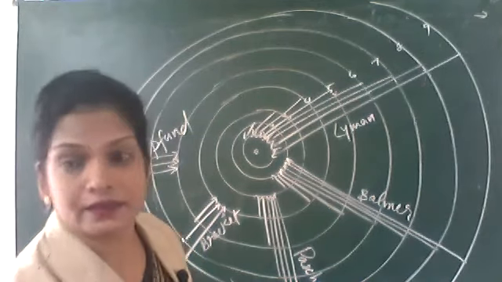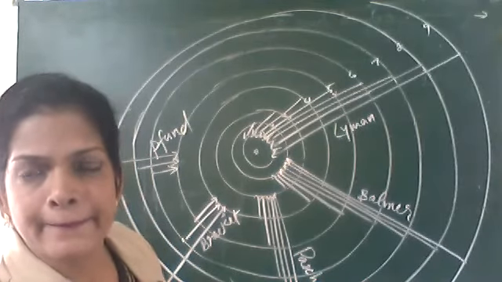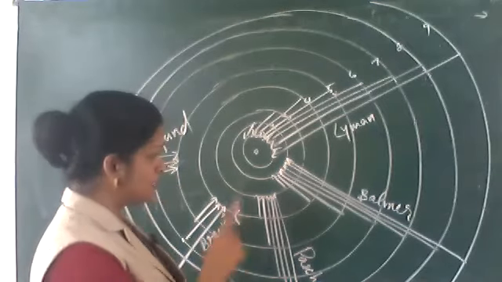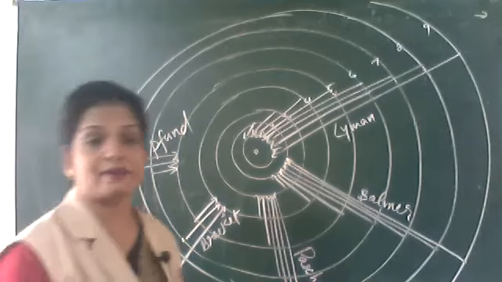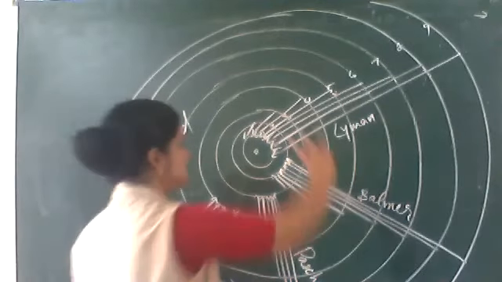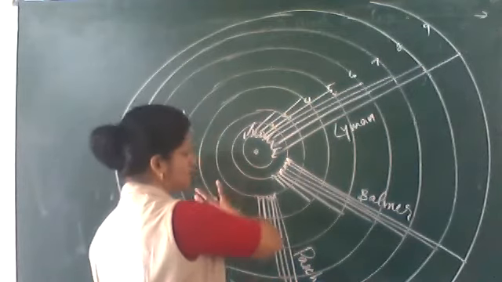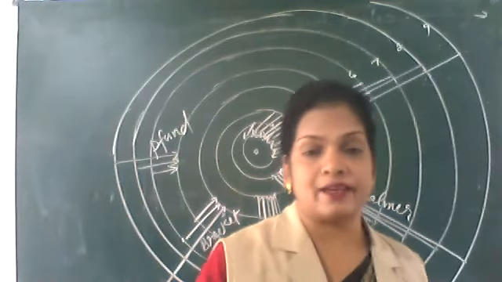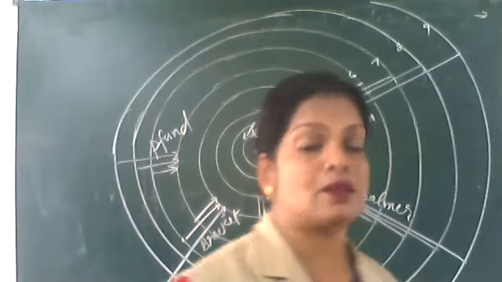Pfund series. Lyman series, Balmer series, Paschen series, Brackett series, and Pfund series. So this is an emission spectrum. By looking at the photograph, you can talk about the structure of an atom.